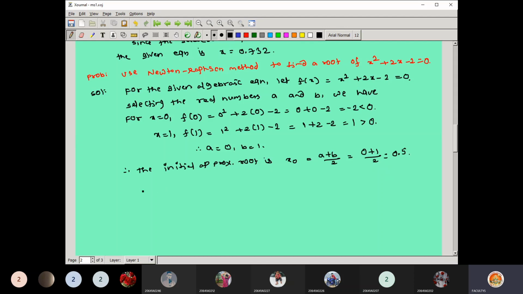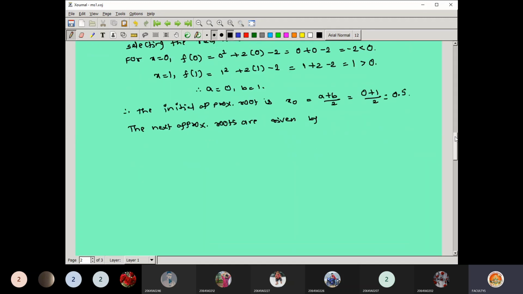Now you are getting the next approximate roots. The next approximate roots are given by, so you are using the Newton-Raphson method. So for that you need to write down the formula: x n plus 1 equal to x n minus f of x n by f dash of x n. Here n is taking the value 0, 1, 2 and so on. So first you do the simplification.